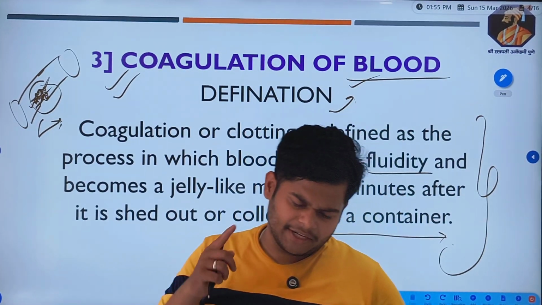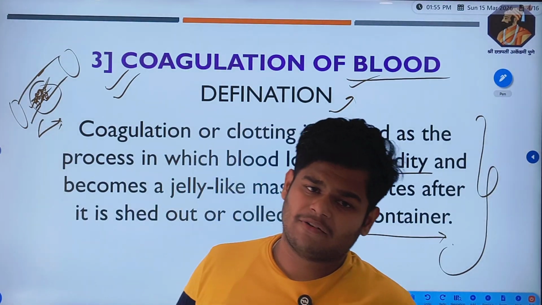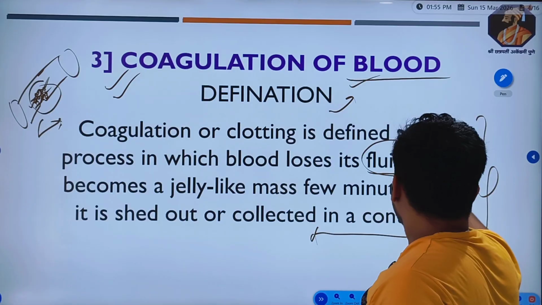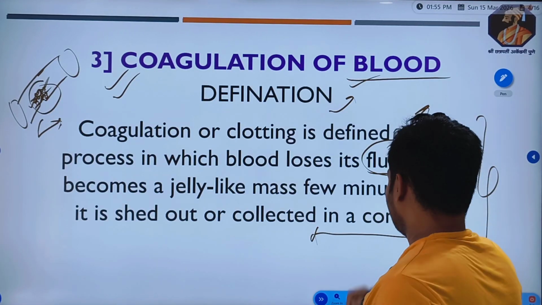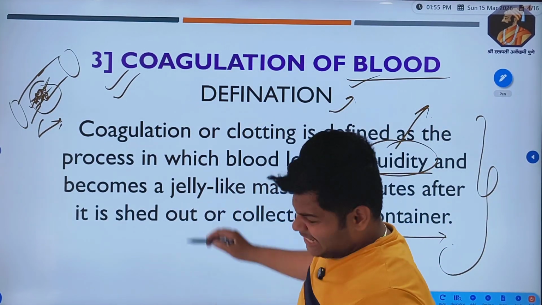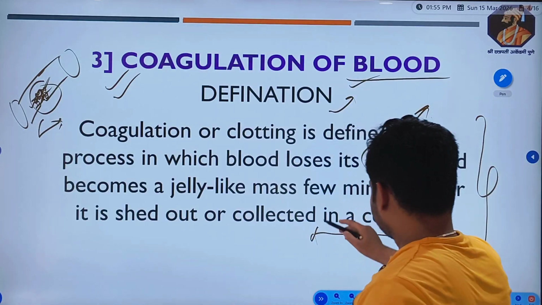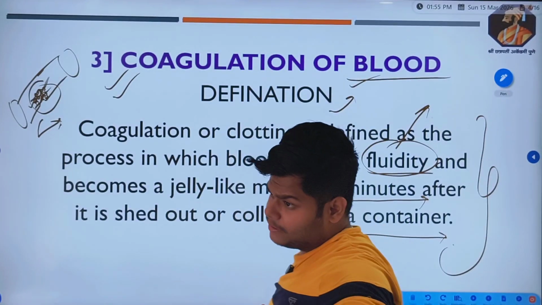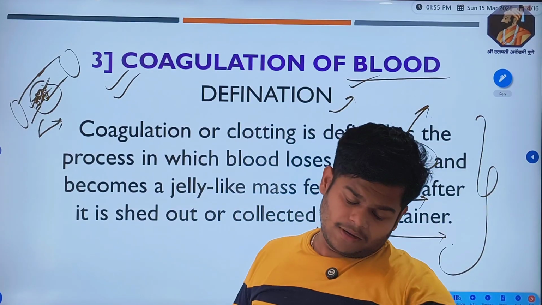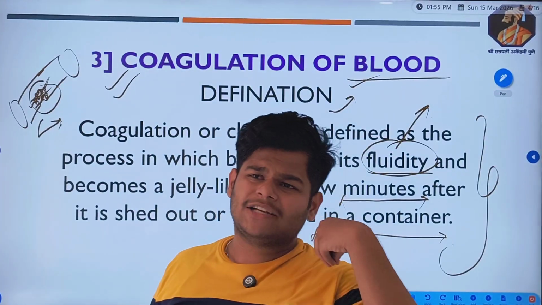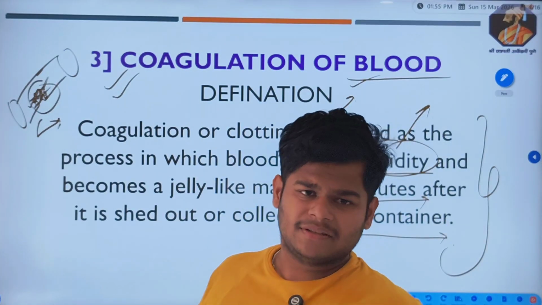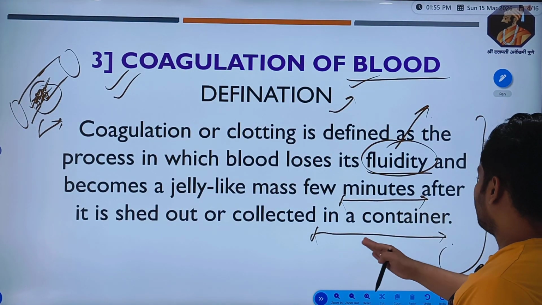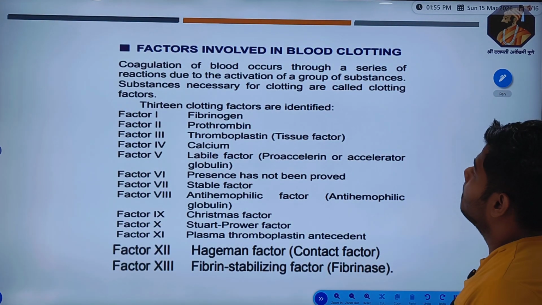It happens in vitro and in vivo, in our body and outside also, right? Now it loses its fluidity. The ability to flow is termed fluidity, and it becomes a jelly-like substance a few minutes after. Approximately 2 to 3 minutes is your bleeding time, and at most 5 to 9 minutes is your clotting time.